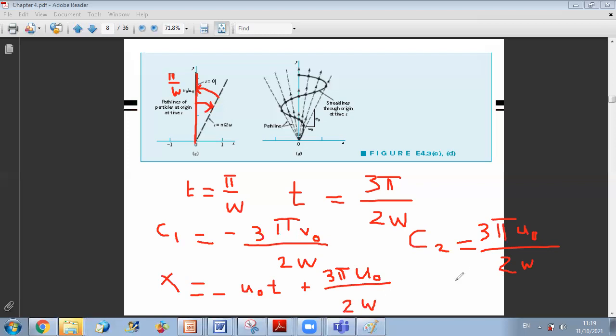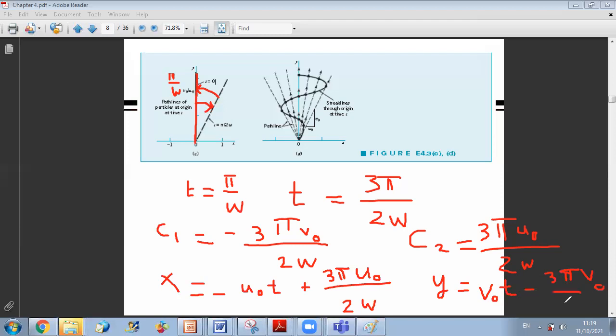And you will obtain that y is equal to v0 t plus minus 3 pi v0 over 2 omega.